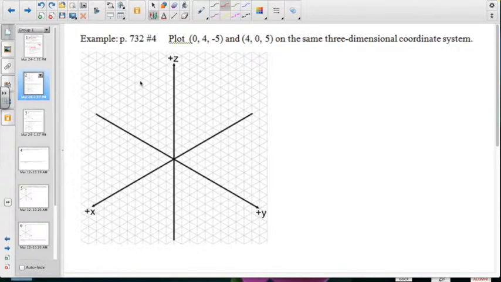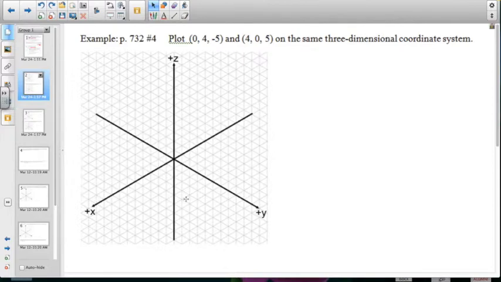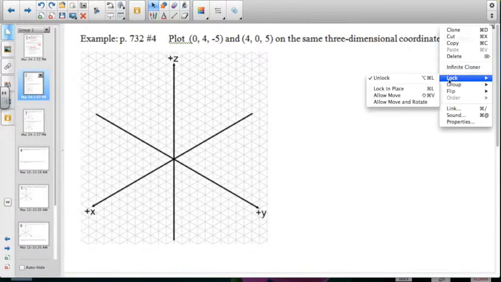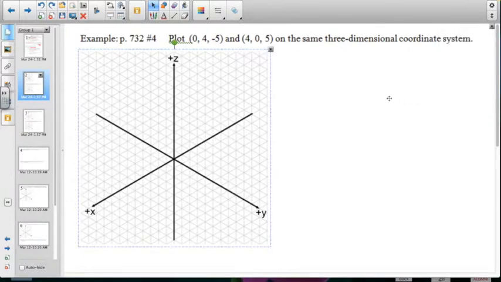So just going through some basic plotting of points. Typically what we do is we draw the z-axis as the vertical axis. So x and y are like you would have if you had this paper sitting on a tabletop, and then the z-axis would be coming right out of the top of the table, so straight out towards you.